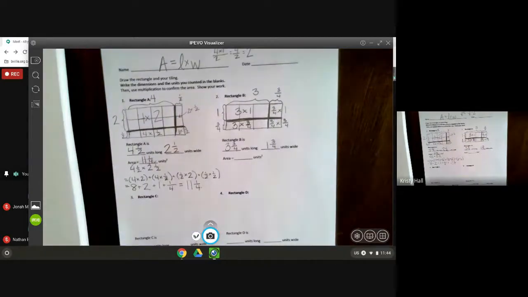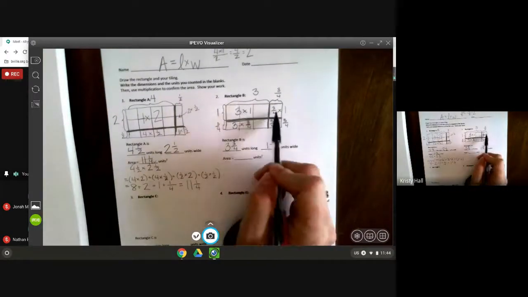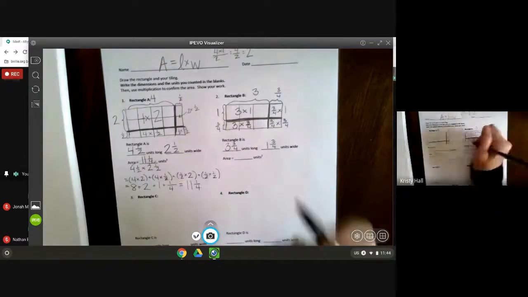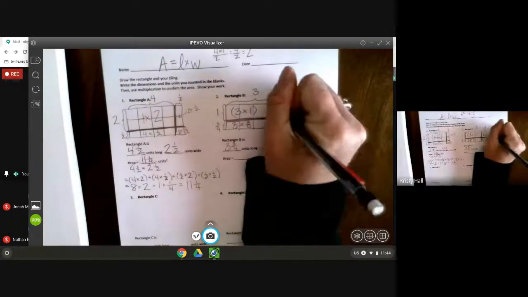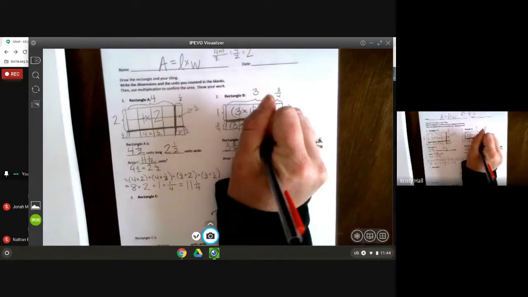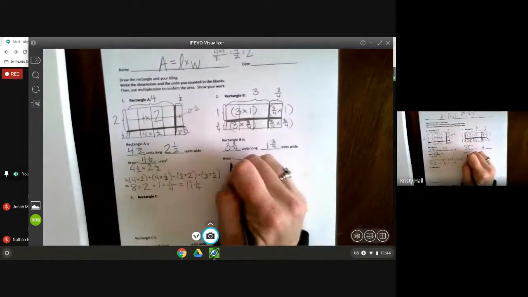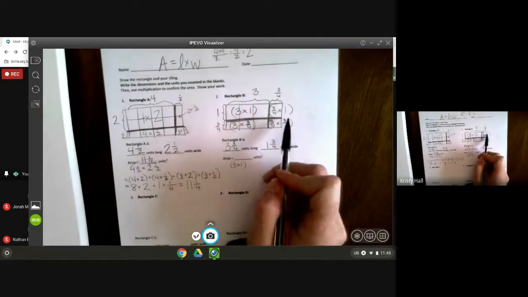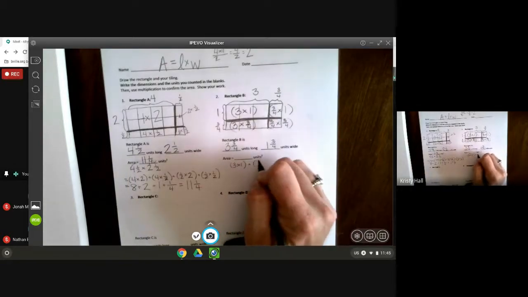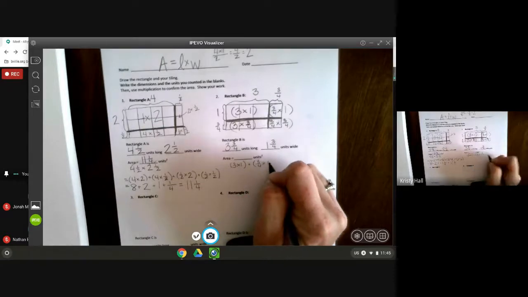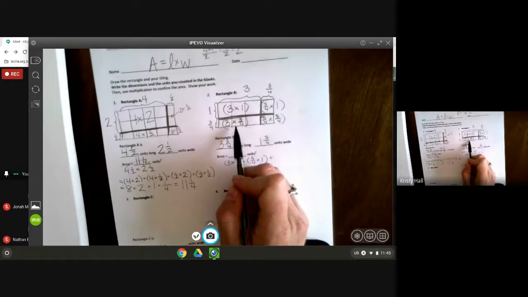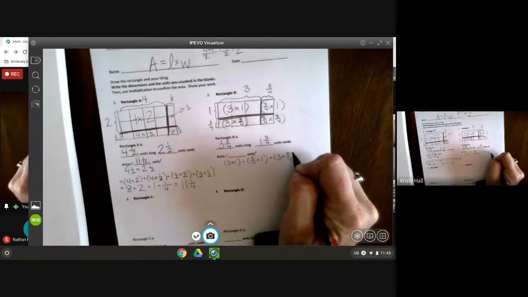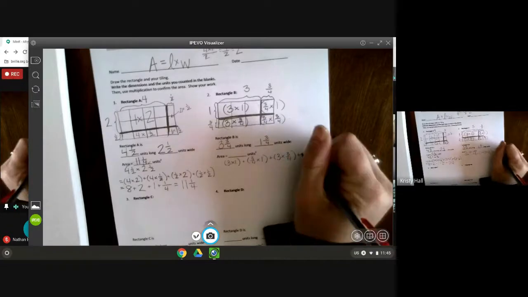Okay, so now that we have a multiplication expression inside each of the 4 parts, those are your 4 parts that go in parentheses when you write your expression. So I can do 3 times 1 from my first box, 3/4 times 1, my next one, I have 3 times 3/4, and then 3/4 times 3/4.